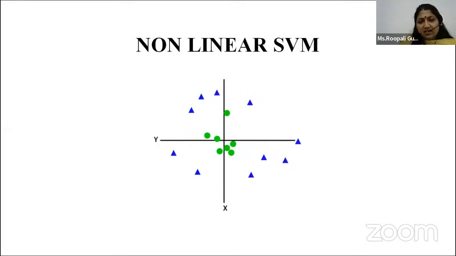You just see that here in the diagram there are circles inside, near the origin, and we have triangles outside that. Is it possible for you to separate that data by drawing a single line? No, I don't think so.